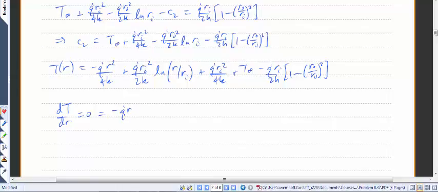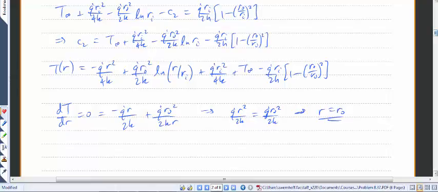So this is minus q dot times r over 2k plus q dot Ro squared over 2k times r. This means then that q dot r squared over 2k is equal to q dot Ro squared over 2k. So sure enough, this occurs at r equals Ro.